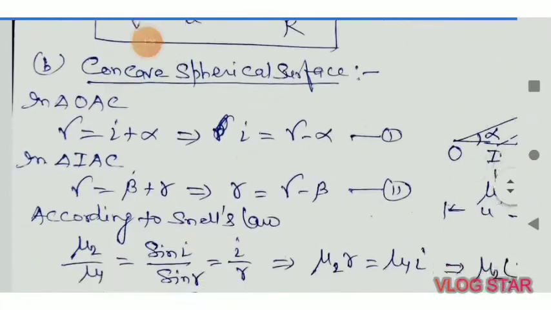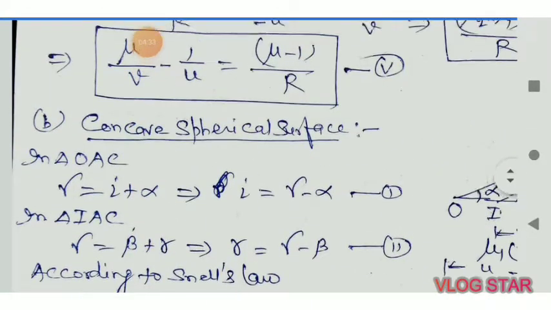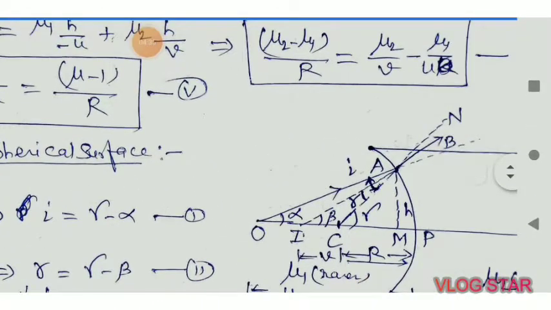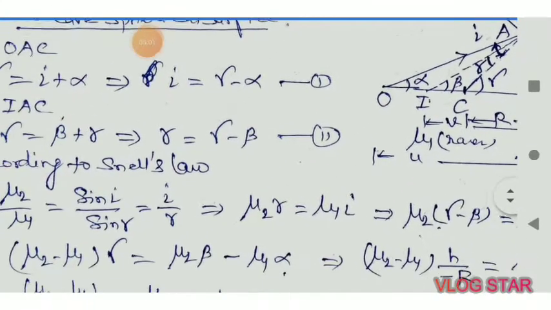Now in triangle OAC, you see here, gamma is the exterior angle, and that will be equal to the sum of interior opposite angles, that is i plus alpha, so we get i is equal to gamma minus alpha. In triangle AIC, gamma is the exterior angle, again gamma is equal to beta plus r, so we get r is equal to gamma minus beta.